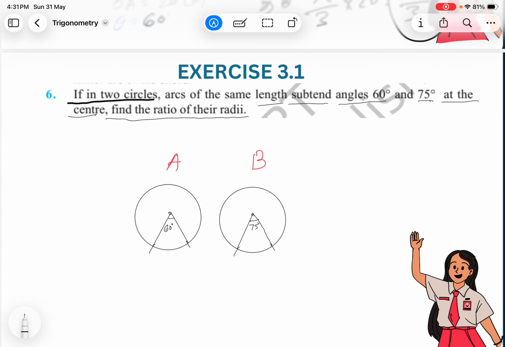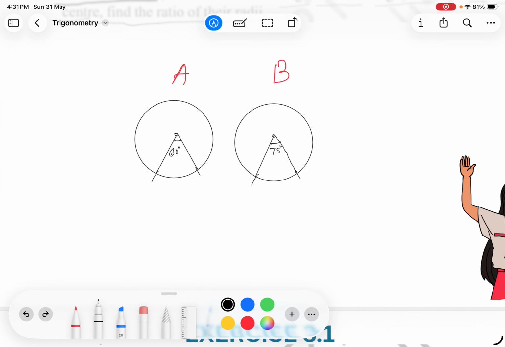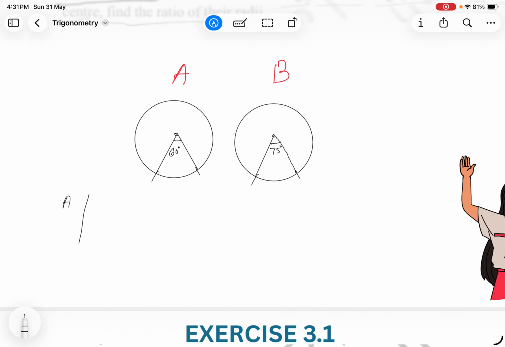Find the ratio of their radii. So this is x, for example. Let me just write it something like, this is theta in A, and in B, right?